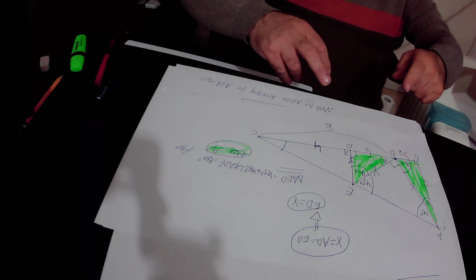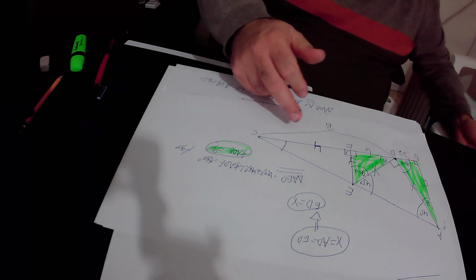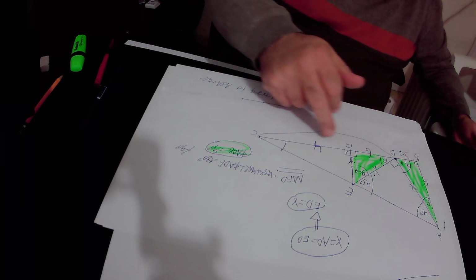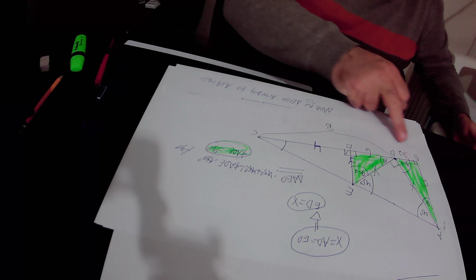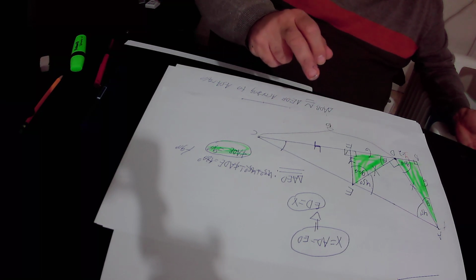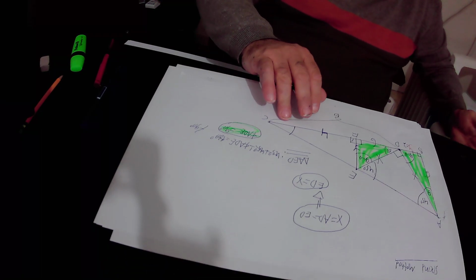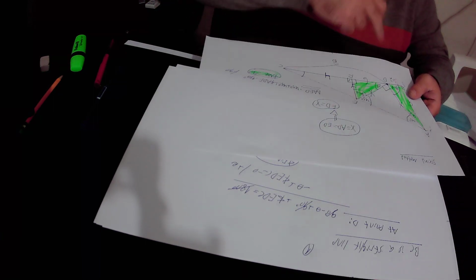And we know that triangle ABC is a right triangle. That is to say, BC is one side of a triangle, therefore it must be a straight line. BC is a side of a triangle, so BC is a straight line.